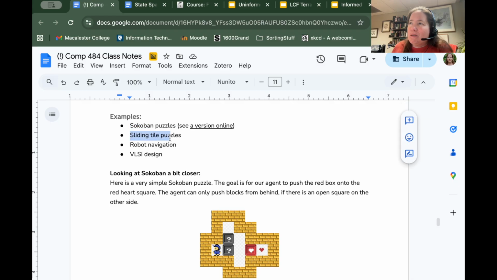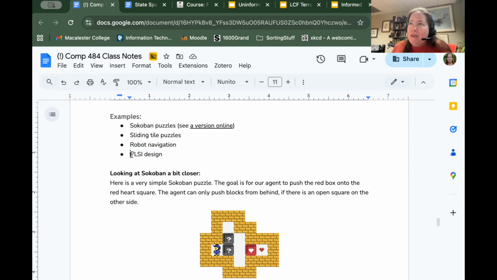Other classic puzzles, sliding tile puzzles, are a great example. You have the tiles, there's one missing, and you can slide the tiles up, down, left or right into that empty space, and you want to get some pattern on the tiles. This was originally one of the problems they thought about with state space search. Robot navigation is another one. I mentioned that already.